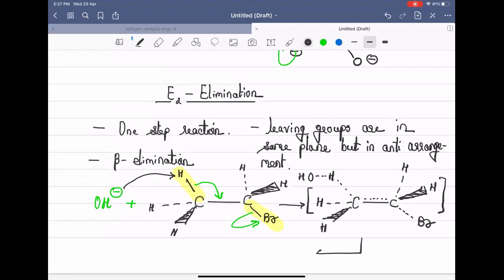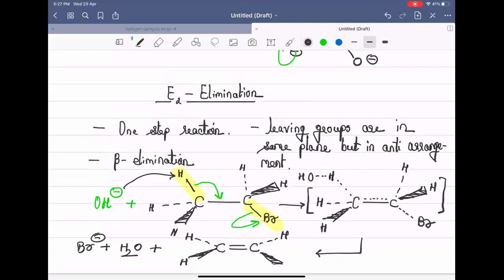And then finally, you have your product, C double bond C, with H, H, and H, plus H2O plus Br minus.